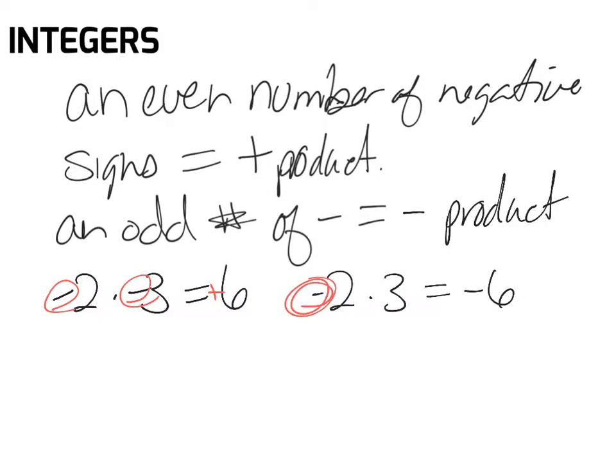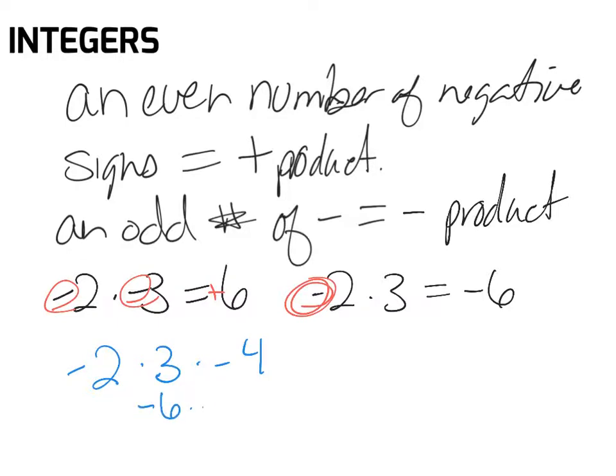Why I like to state it this way is when you get into more complex problems, like let's say I'm going to do negative 2 times 3 times negative 4. Okay, so now I have to do negative 2 times 3, and I'm going to get negative 6.